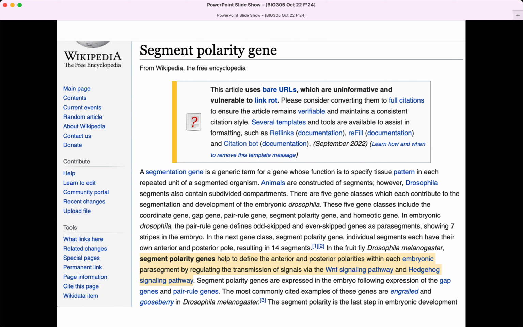So Wnt signaling pathway, we did that assignment. We're just going to recreate that assignment. Hedgehogs, we talked a little bit about that. It's going to be in here too. Okay, the textbook uses this word parasegment instead of saying compartment boundary.